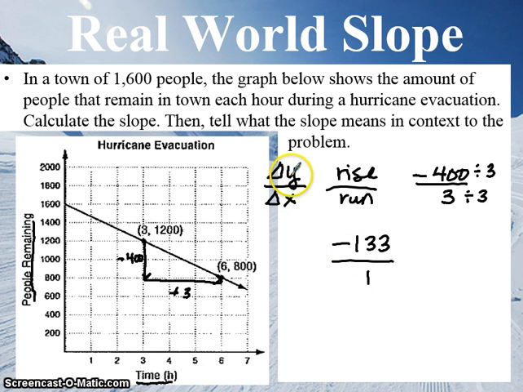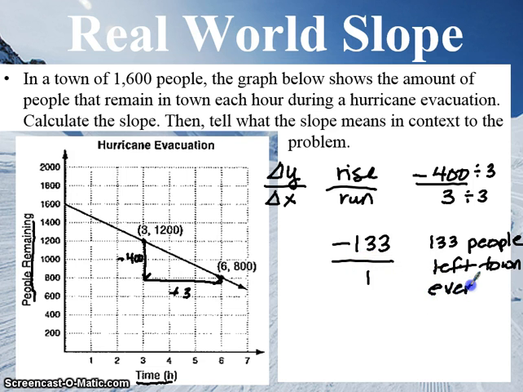Now think about what the y stood for. People remaining. So if it's negative 133, that means that 133 people left town, because we know they left town because it's decreasing. And the x value is hours, and we have 1, that's 1 hour.